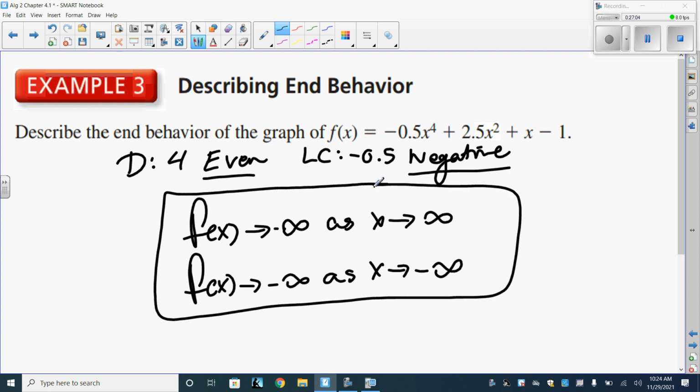Well, where did I get that from? From the chart, yes? And that's it. That's all we have to do. Because the degree is even and the leading coefficient is negative. That's all we have to say for this here.